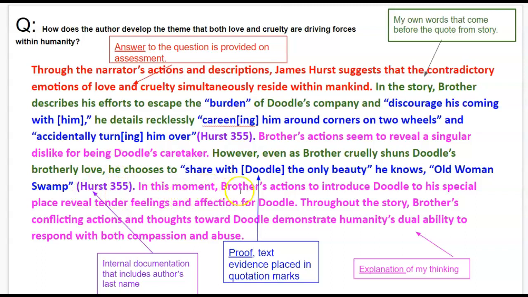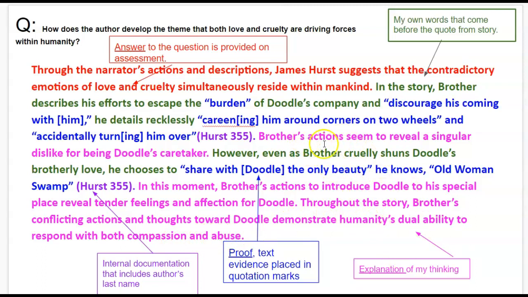In this moment, Brother's actions to introduce Doodle to his special place reveal tender feelings and affection for Doodle. Throughout the story, Brother's conflicting actions and thoughts toward Doodle demonstrate humanity's dual ability to respond with both compassion and abuse. I'm explaining my thoughts here.